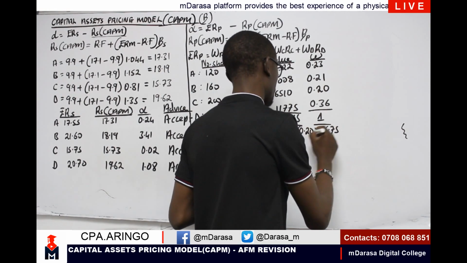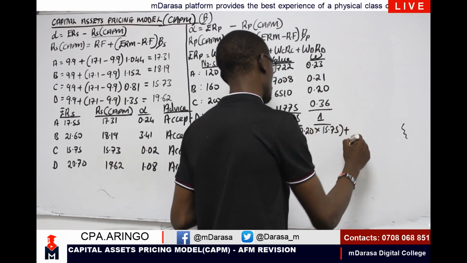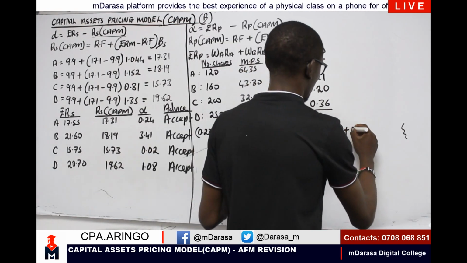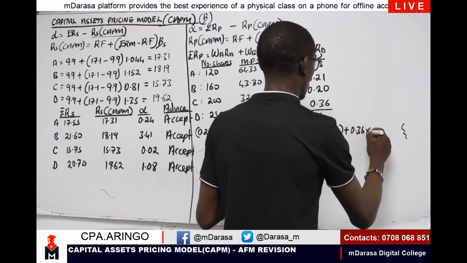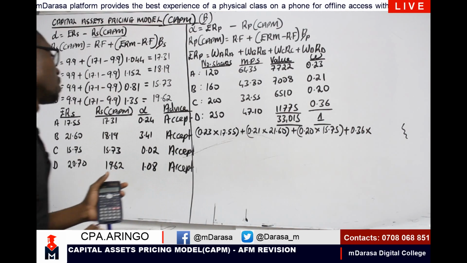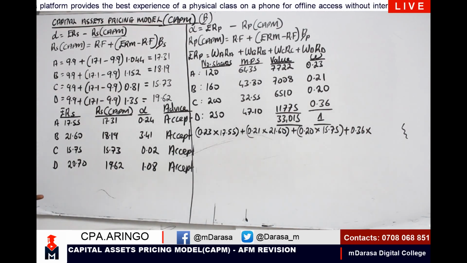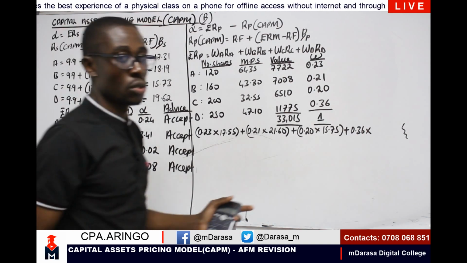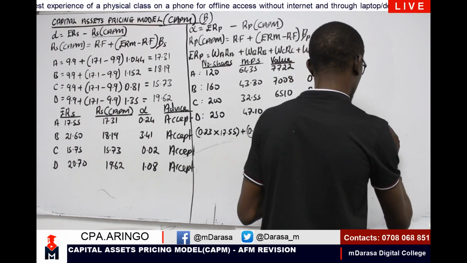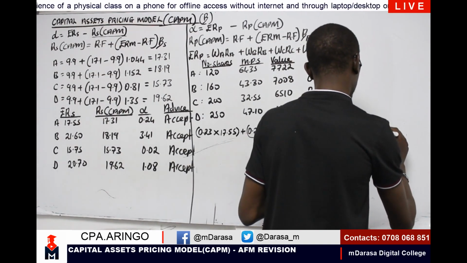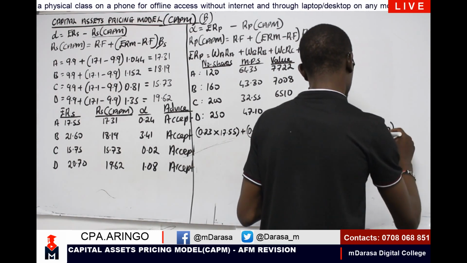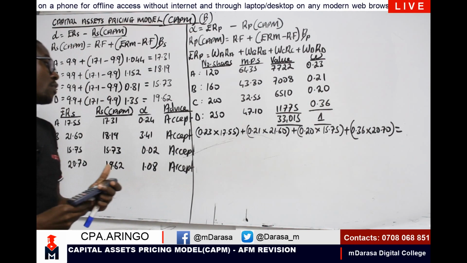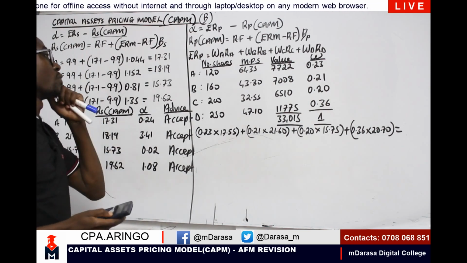And finally, we have here the weight 0.36, multiplied by our return, which is 20.70. So at the end of the day, that should give us our return of the portfolio.